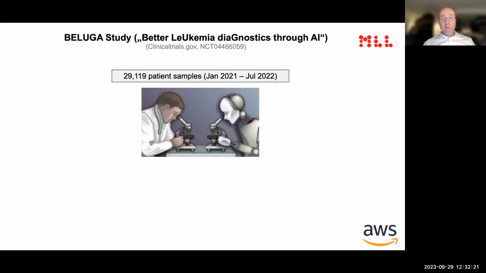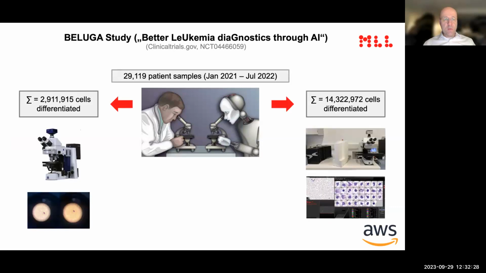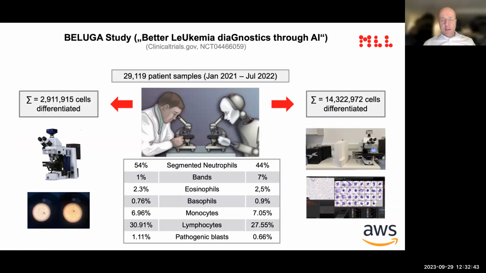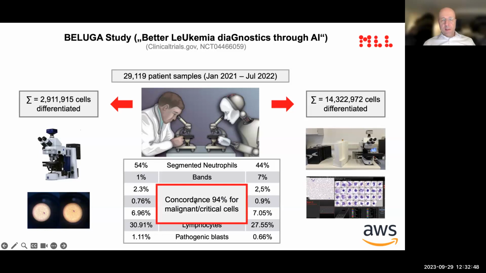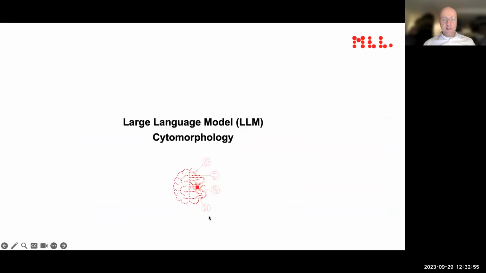We compared, in a prospective trial, almost 30,000 patient samples, which were analyzed manually, yielding about 3 million manually differentiated cells, and they were compared to 14 million automatically differentiated cells. Overall, the distribution of cells was comparable, and there was a concordance of 94% for malignant and critical cells.